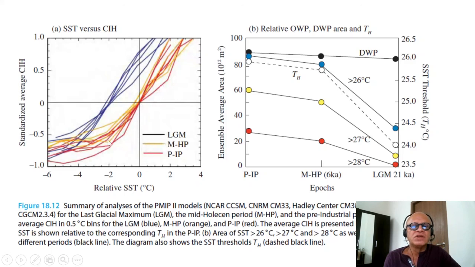So over all the periods where SSTs have changed substantially and the warm pools have changed substantially, the relations between the oceanic warm pool change, the dynamic warm pool change, and the threshold temperature change all remain consistent, in that the oceanic warm pool increase is not an indication of a corresponding increase in the dynamic warm pool.